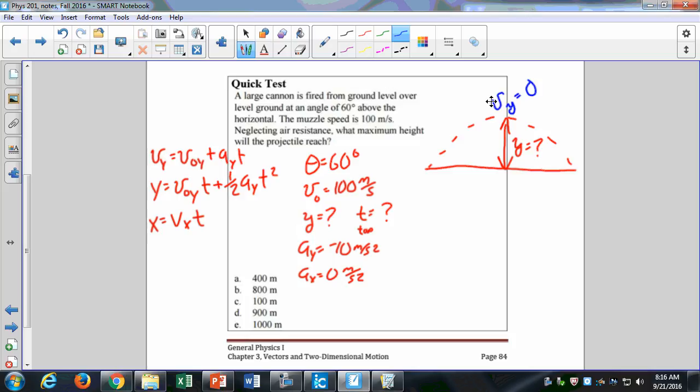X component is v naught cosine theta. Feel free to ask your neighbors.